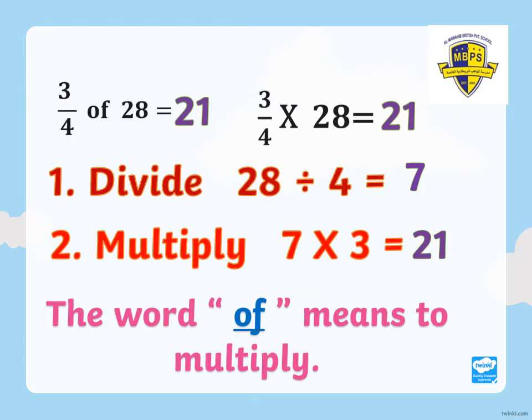Alright? Now we also saw that the word of means to multiply. So let's start with this question. 3/4 of 28. Now step 1, you need to divide the whole number with the denominator. Can you tell me what is the whole number in this question? Very good. The whole number is 28.